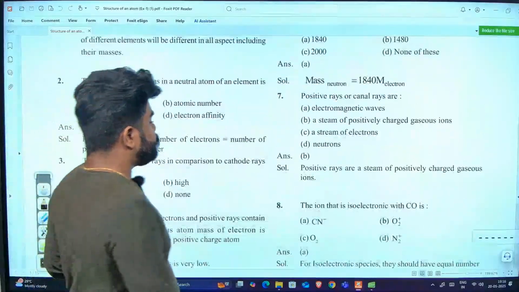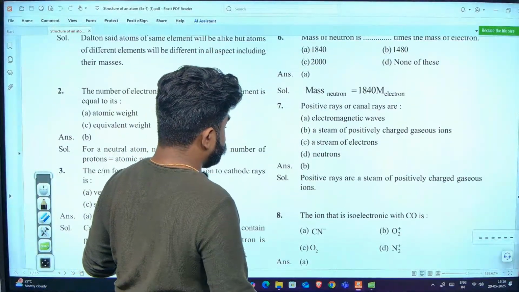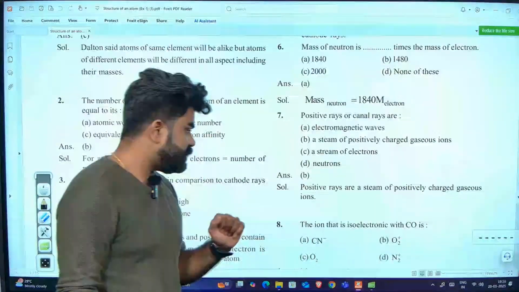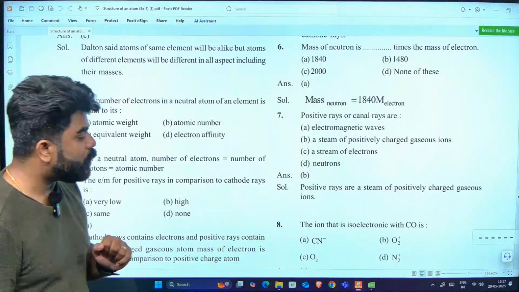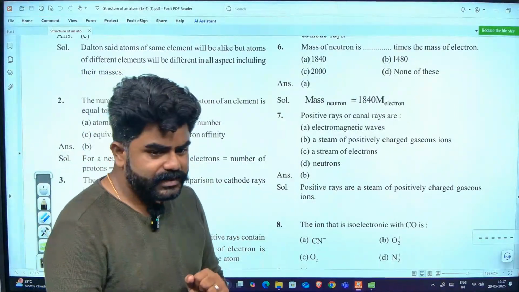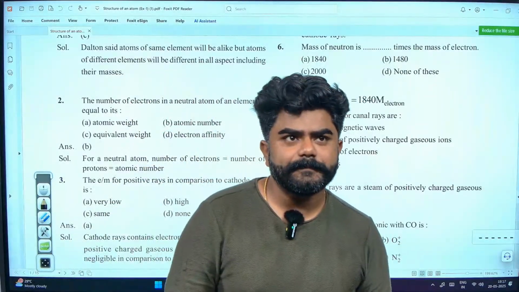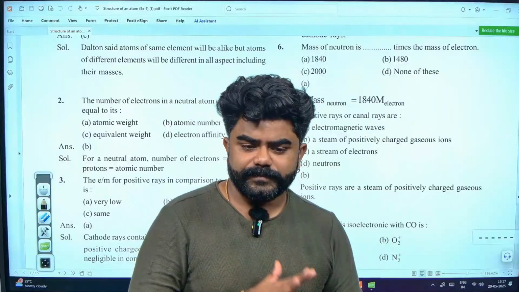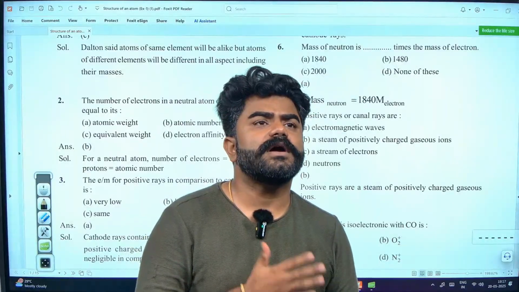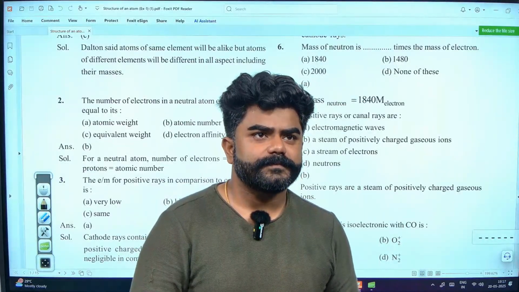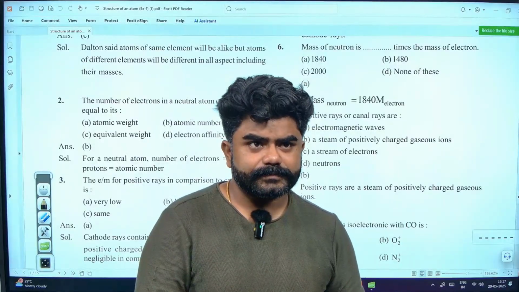What about this? Question number 8. The ion that is isoelectronic with CO is. Did we learn what isoelectronic species are? Yes or no? Do you have the notes with you? Check and tell me.